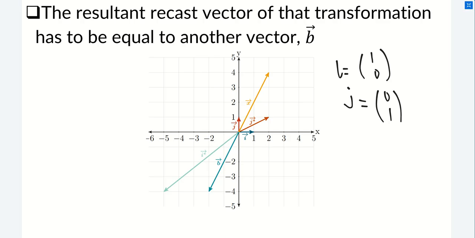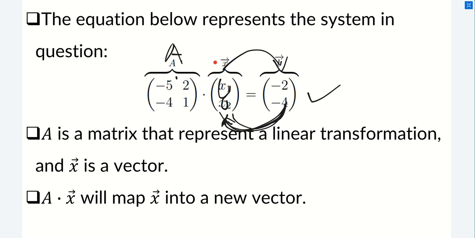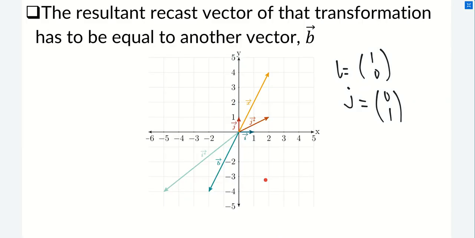Then I have my 2 column vectors from the matrix. Remember, this is a vector, and this is also a vector. This is my column vector, and this is another column vector. So we say the column space is 2. The first one is -5, -4, and it lands here.